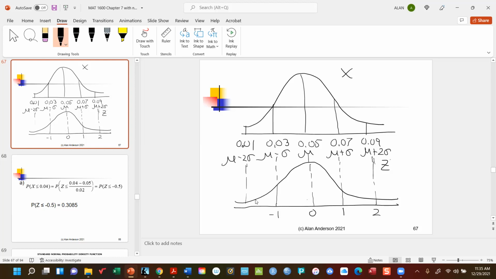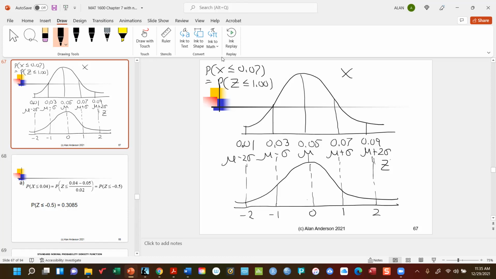And this is -2. So if you pick any one of these at random, suppose I wanted to know the probability that the return of the stock is less than 7%, it would be equivalent to saying, what is the probability that Z is less than or equal to 1?